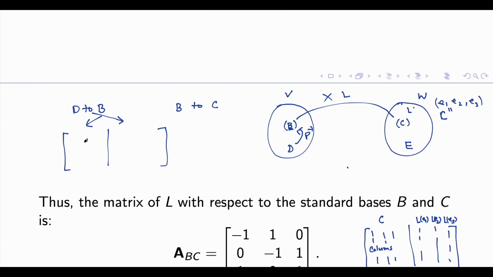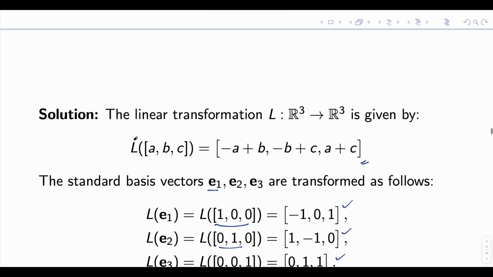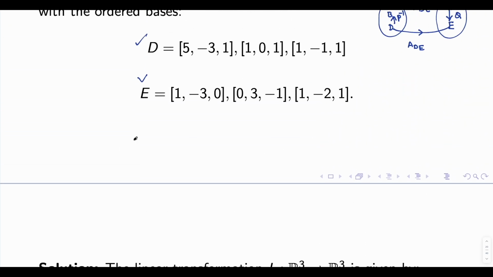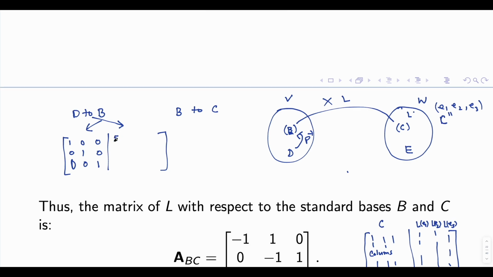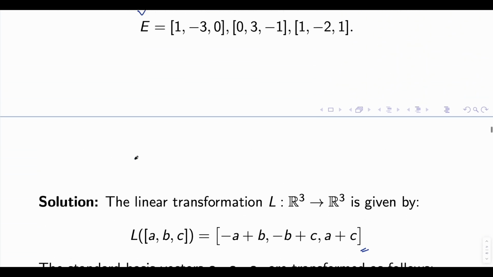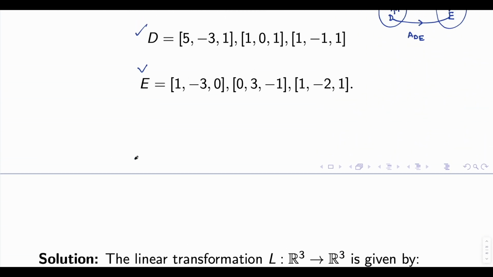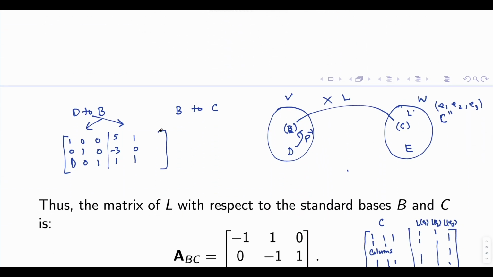So just write the B vectors as columns and then D vectors as columns. Since B is already the standard basis, 1, 0, 0, 0, 1, 0, 0, 0, 1. And then the D vectors as columns, the D matrix is already given to you, right? D: 5, minus 3, 1, then 1, 0, 1, and then the last vector 1, minus 1, 1.